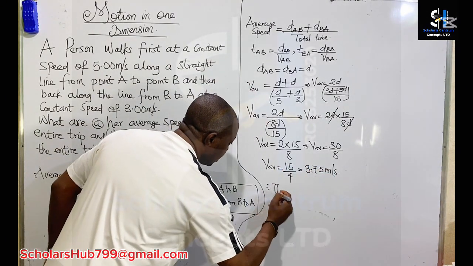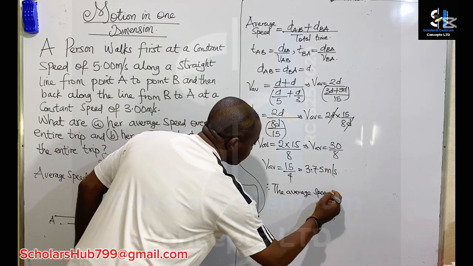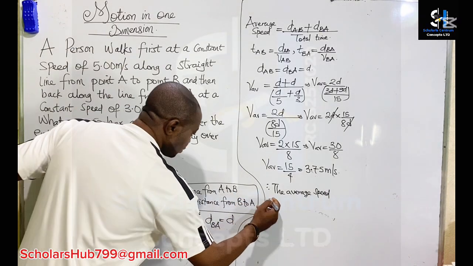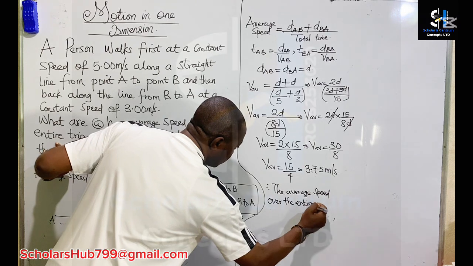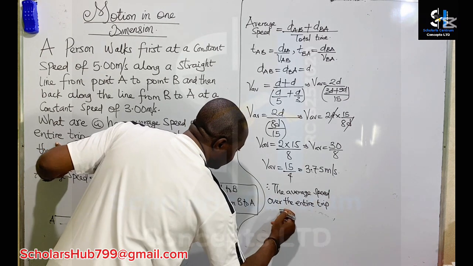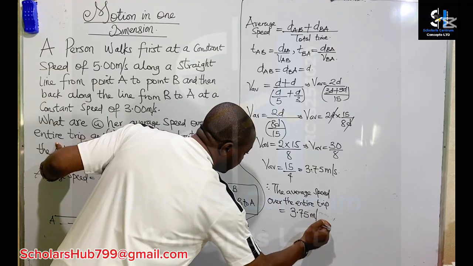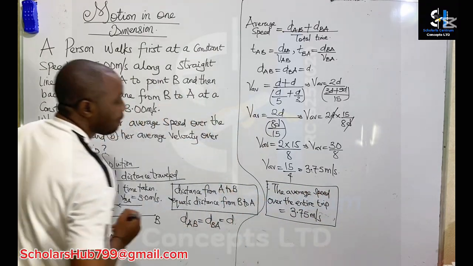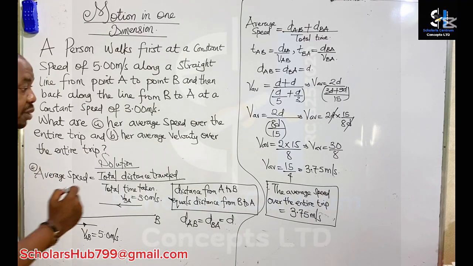So therefore, the average speed over the entire trip will be equal to 3.75 meters per second. This is the answer for A. All right, B.